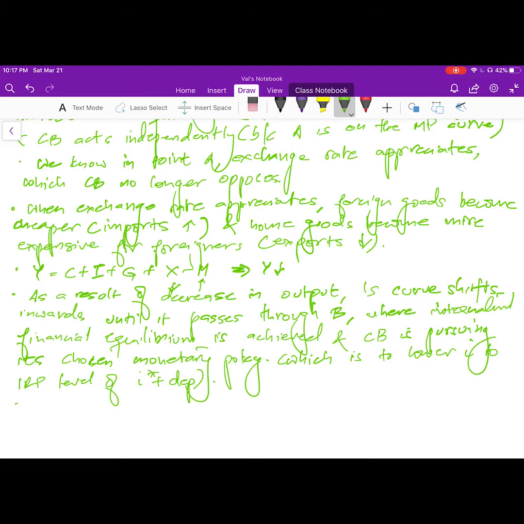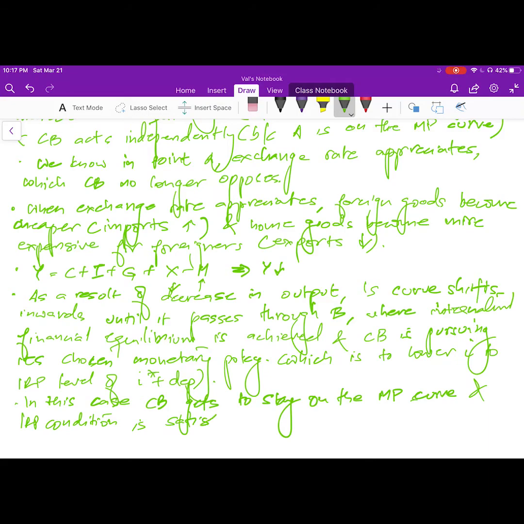So in this case, the central bank gets to stay on the MP schedule or curve, and the IRP condition is satisfied, right?